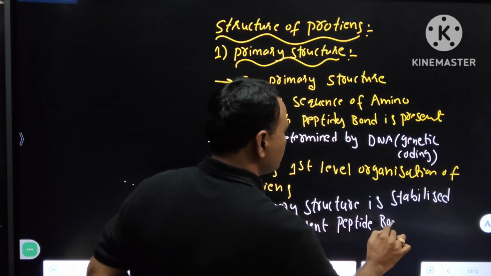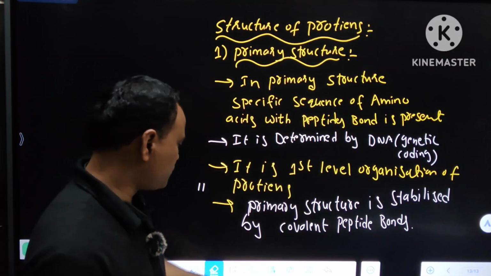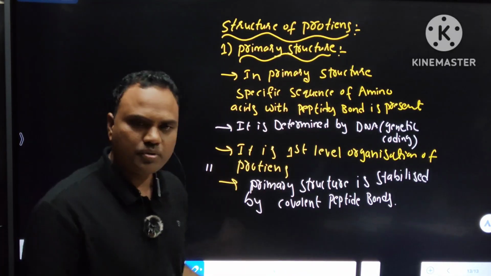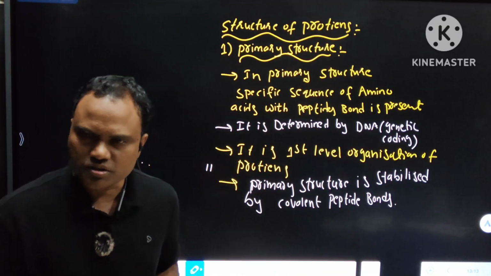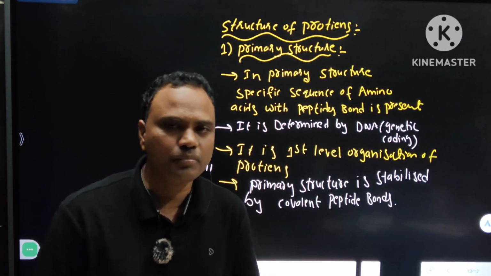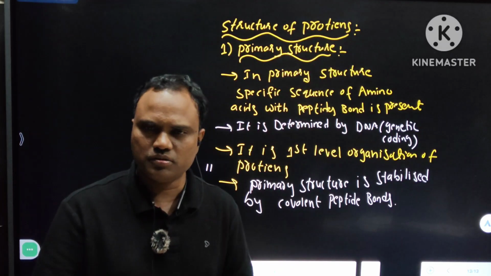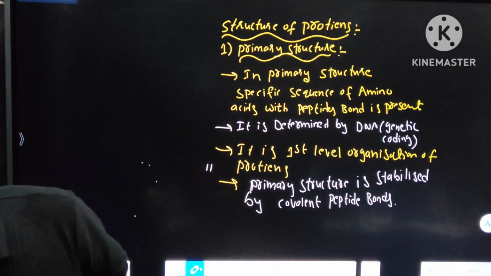Strong bonds. We use this point in the denaturation concept. Remember, primary structure is very strong because of the covalent peptide bond. The amide bond is a strong bond. We use this point in the denaturation of proteins concept.